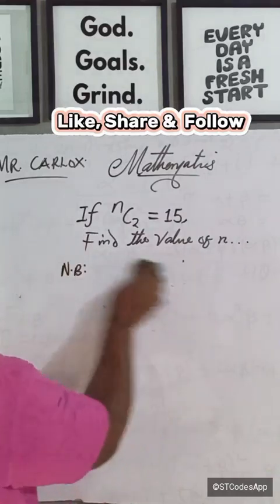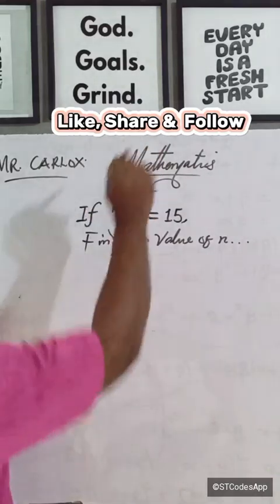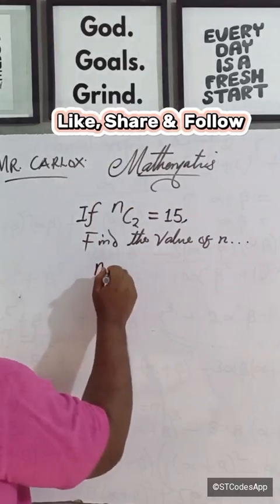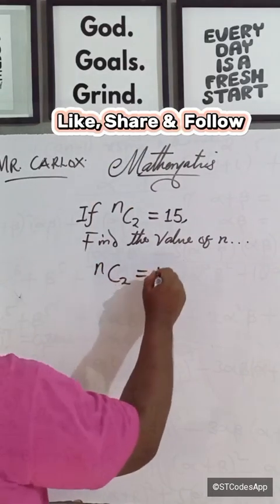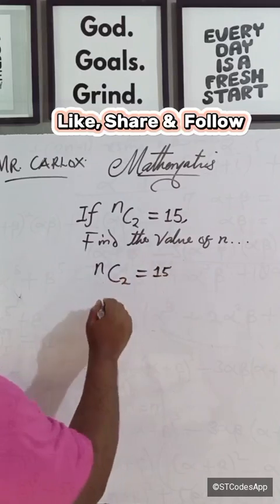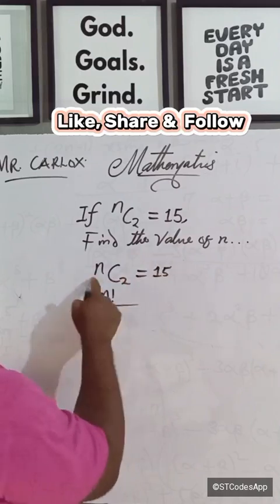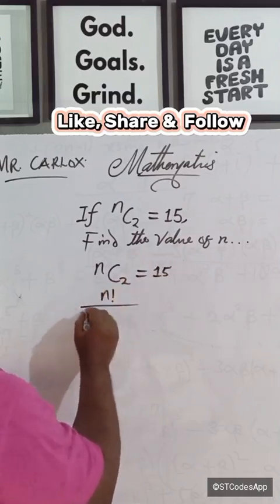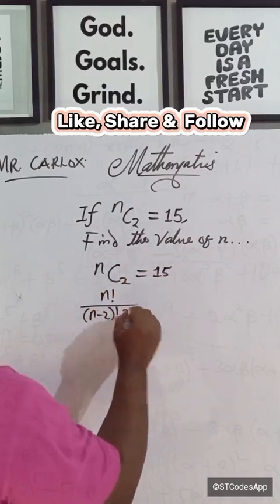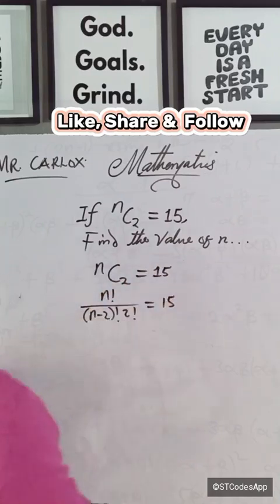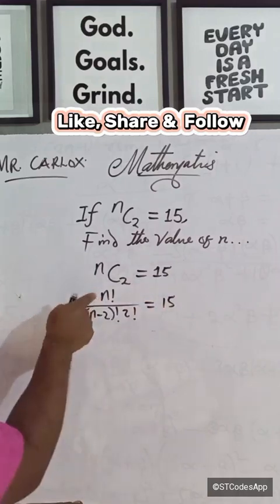Now, applying the formula, we have n combination 2 is equal to 15. So we have n factorial over (n minus 2) factorial times 2 factorial is equal to 15. Let's now break down n factorial, like I said before.